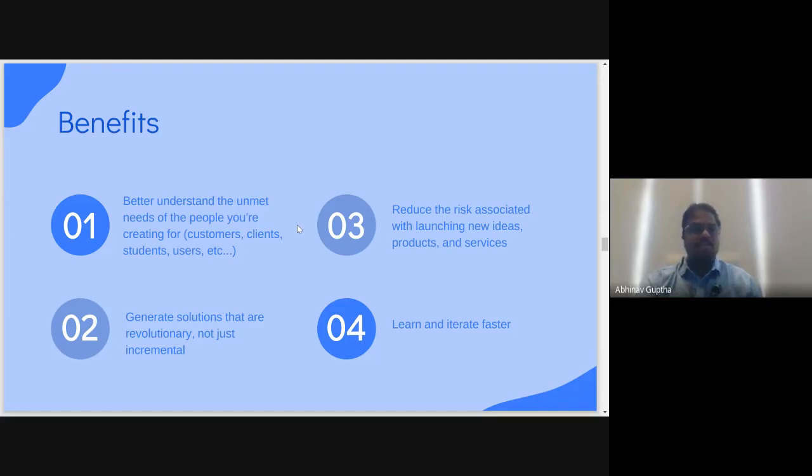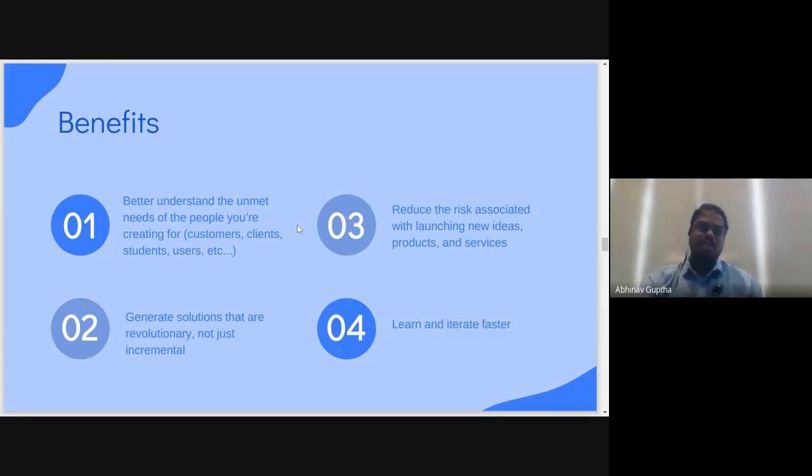Second, you can generate processes or solutions which are revolutionary in nature, not just incremental. Incremental just patches one by one, but you can do something very revolutionary here. That is possible with the design thinking approach. And third, because you are trying to create scratches very quickly, something very minimal, the cost of failure is very low.